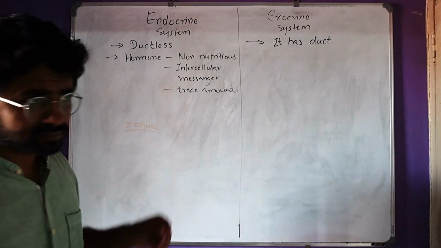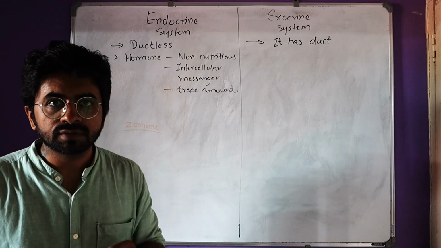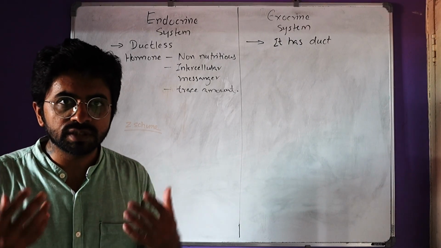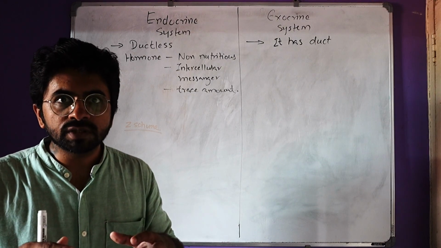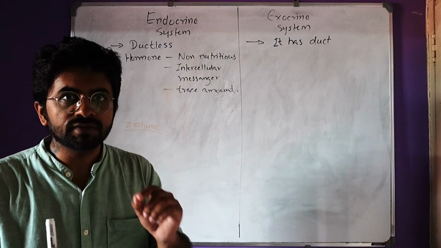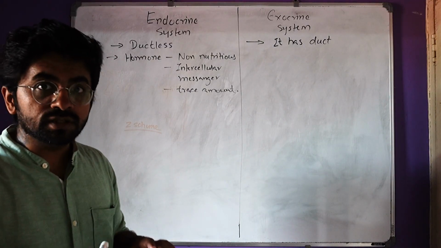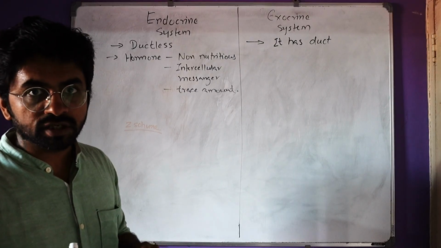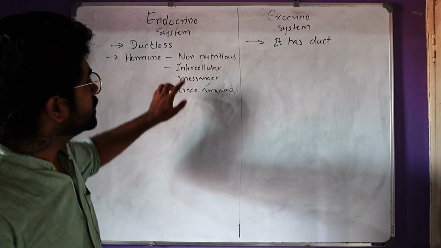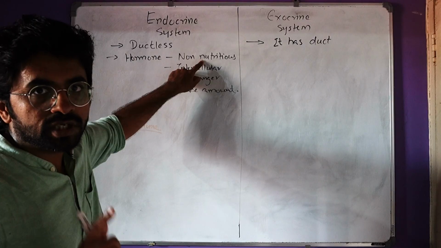It is like when there were kings and kingdoms, the messengers were never attacked. They were protected. All the kingdoms were sharing a common rule that messengers will never be attacked, even if there is war going on. The same kind of rule is followed by your body, that intercellular messengers should not get attacked by protein digesting enzymes.